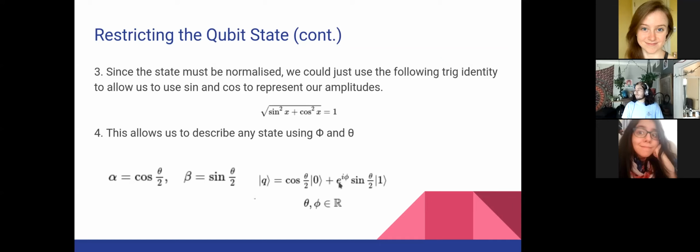With e to the iφ representing the relative phase. And so just by tinkering with omega, you get to define the probabilities between 0 and 1, right? And then by tinkering with phi, you get to define the relative phase of the state itself.